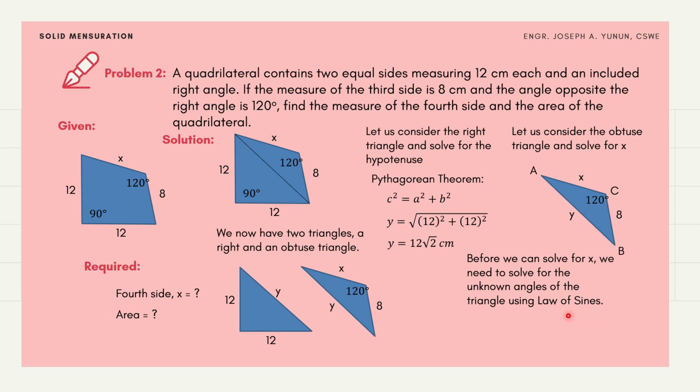The law of sines states this equation. You can use it by pair, for example, a over sine A equals b over sine B, those two only, or b over sine B and c over sine C, or a over sine A and c over sine C. So you can use the law of sines by pair.